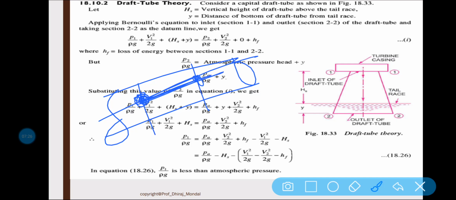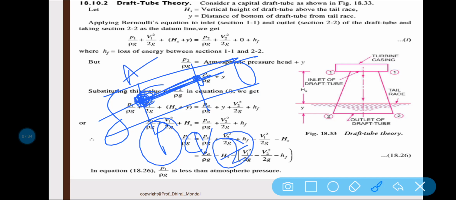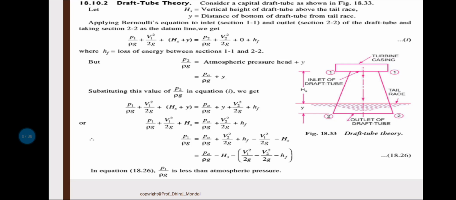That means the total pressure head, kinetic head and potential head at point A is equal to point B, if there is no frictional dissipation.